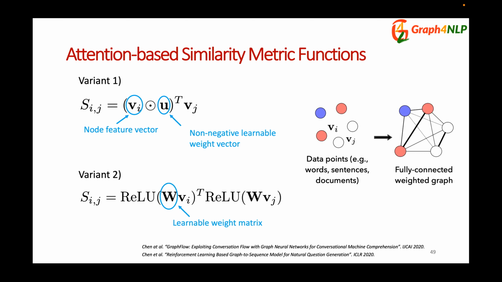In variant 2, W is a learnable weighted matrix, which learns to map the node embedding to a latent space, where we can compute the pairwise node similarity. Here the ReLU activation function is used to enforce the sparsity of the similarity matrix, which can be helpful. In both of these two variants, dot product is used to compute the pairwise similarity.